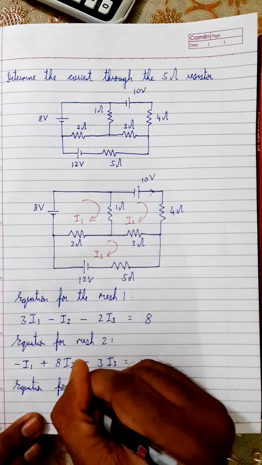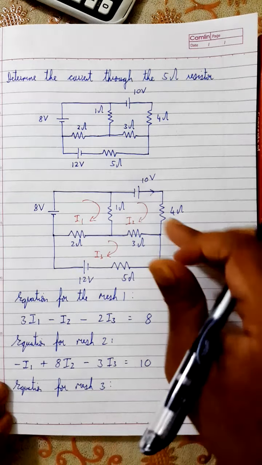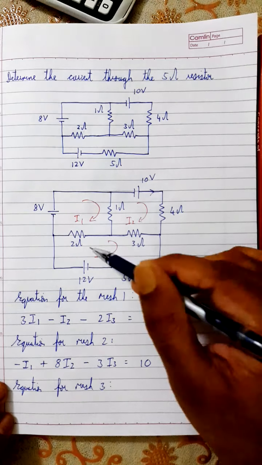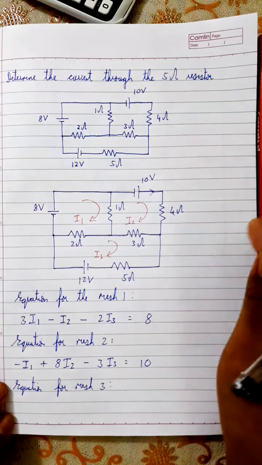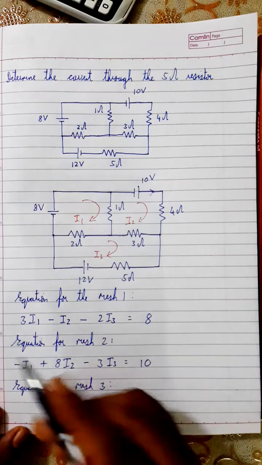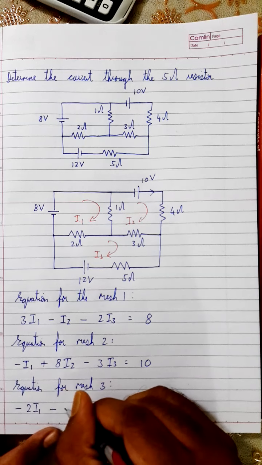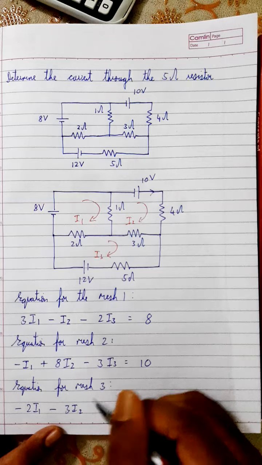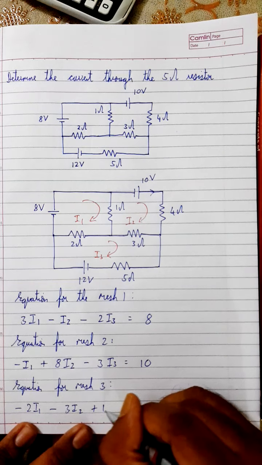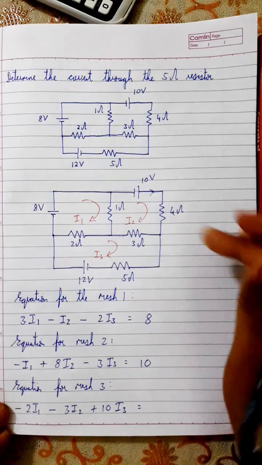In mesh 3, I3 is positive and the remaining currents are negative. So here I1 is negative, so you have minus 2I1, minus 3I2, and then 2 plus 3 is 5, 5 plus 5 is 10, so we have plus 10I3, equal to the voltage source.